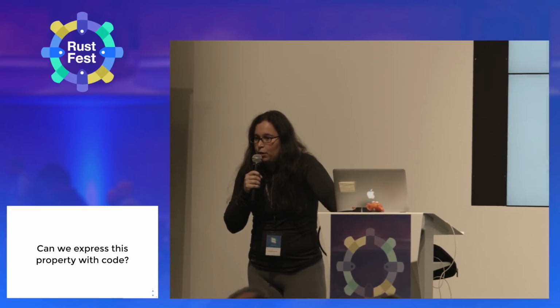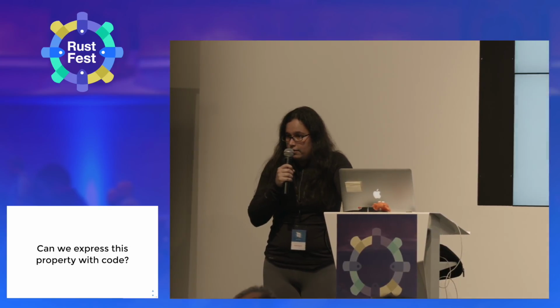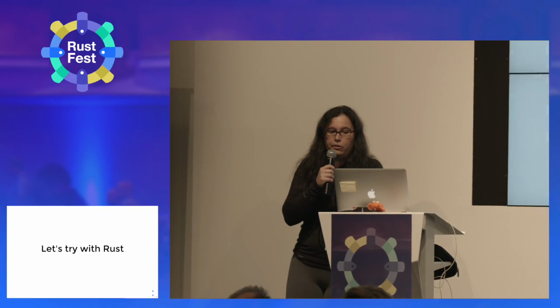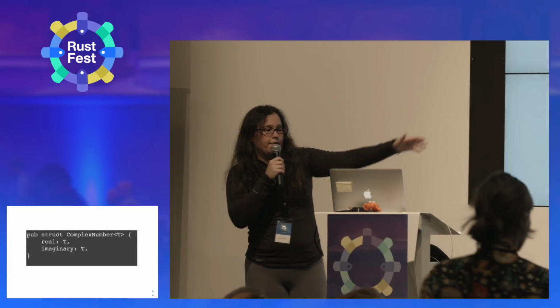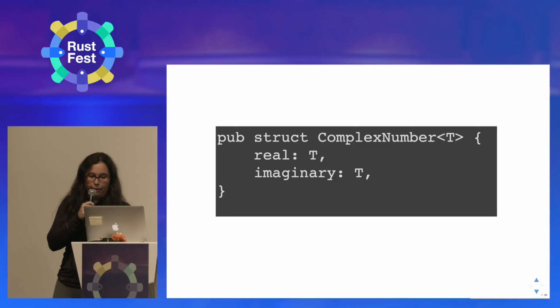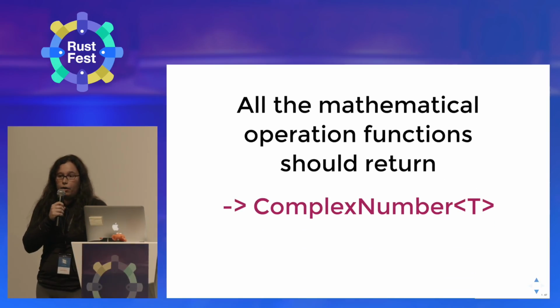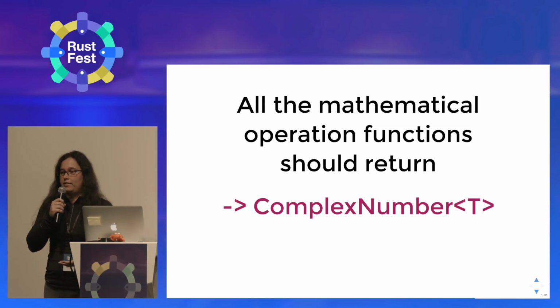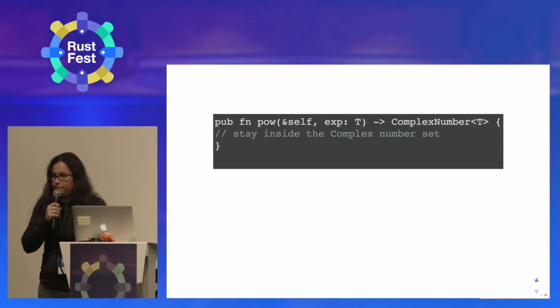Can we express this property with code? Yes, it's not difficult. For example, you can have this structure here called complex number that has the real and the imaginary parts. And all the mathematical operations are going to result in a complex number, something like this.